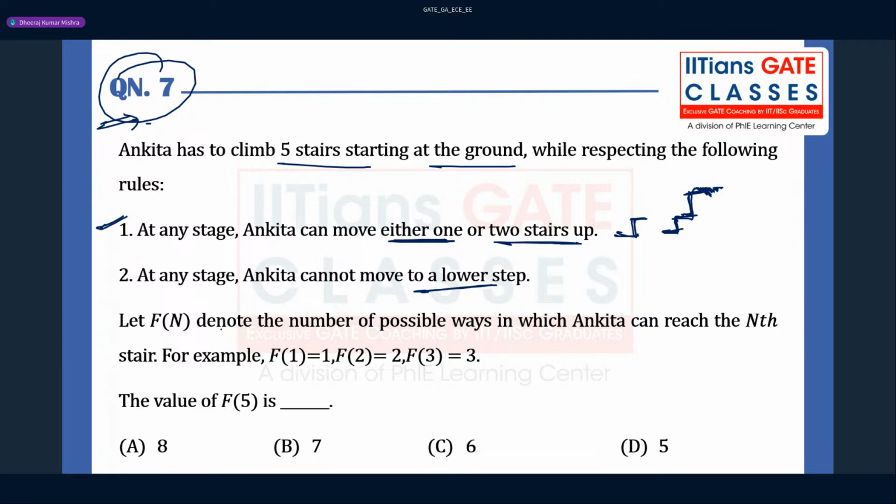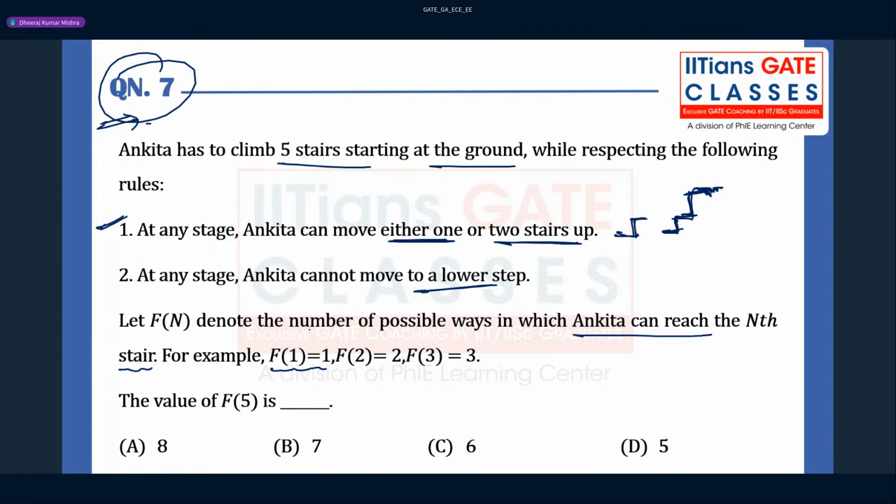Let Fn denote the number of possible ways in which Ankita can reach the nth stair. They have given an example: F1 is 1, meaning she has moved one step up. N equal to 1 means there is only one way, F1 equal to 1.